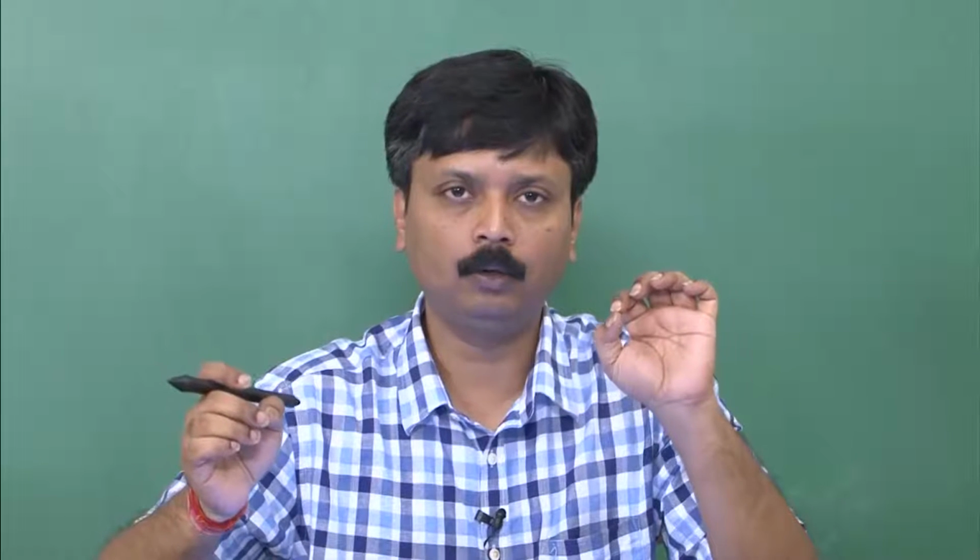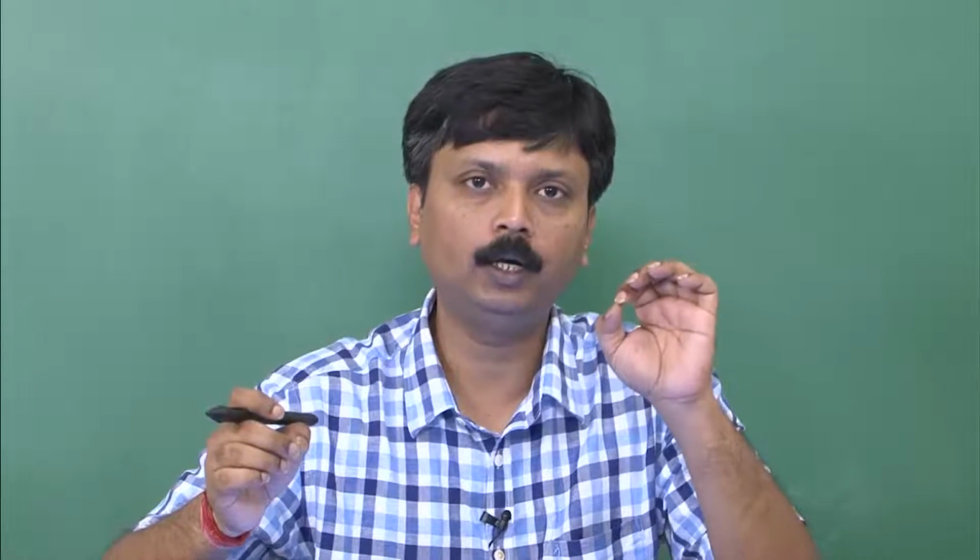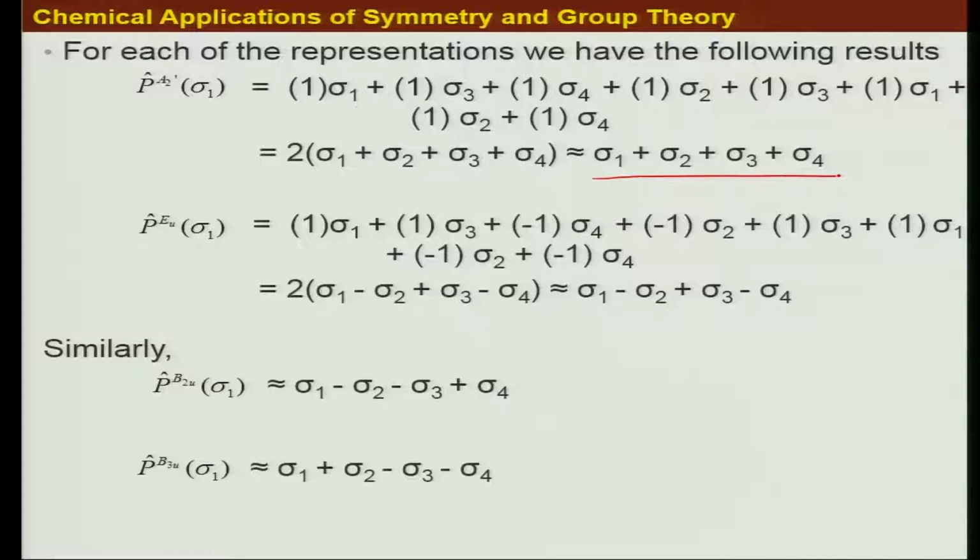For example, adding sigma 1, sigma 2, sigma 3 and sigma 4, whether this linear combination really transforms as the AG representation or not. So this will be AG.